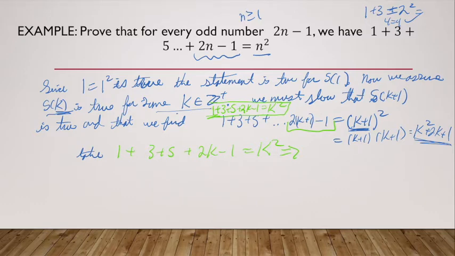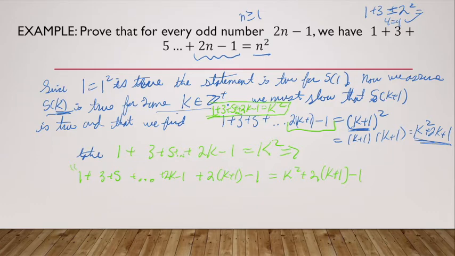So I'm going to have 1 plus 3 plus 5, which remember I told you, you didn't have to rewrite the whole thing, you could just use parentheses, plus 2k minus 1 plus 2 times k plus 1 minus 1 equals k squared plus 2 times k plus 1 minus 1.